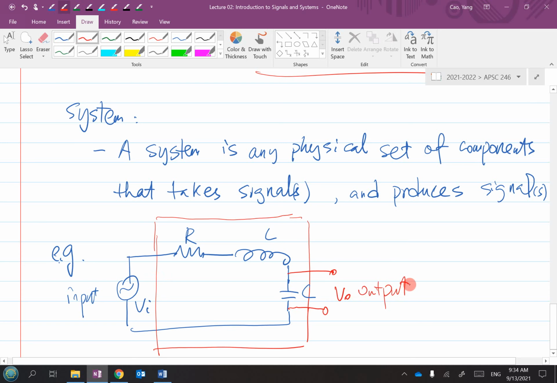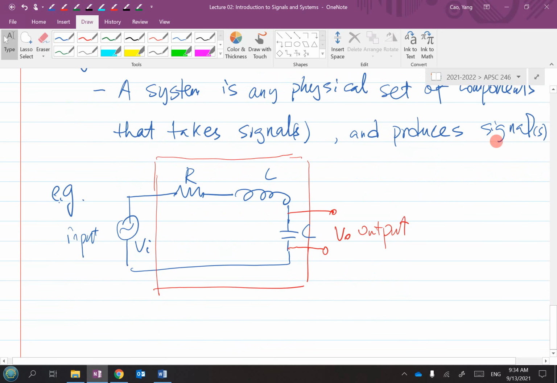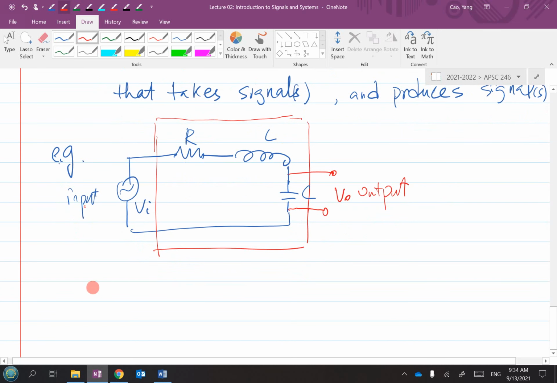One of the ideas, if you have the system given, is how do I characterize the dynamics of the system? Basically, given this input, what will be the response of the system, the output? And if you change the input, how will the output change? So between input and output there has to be a relationship, and that's one of the things that we will strive to get.